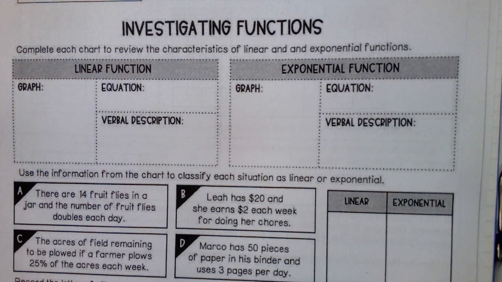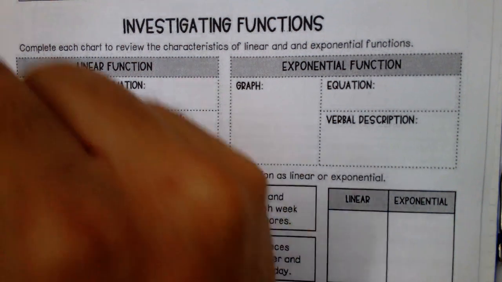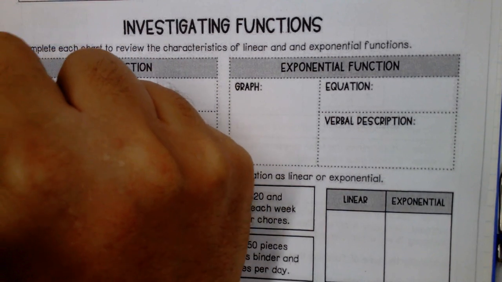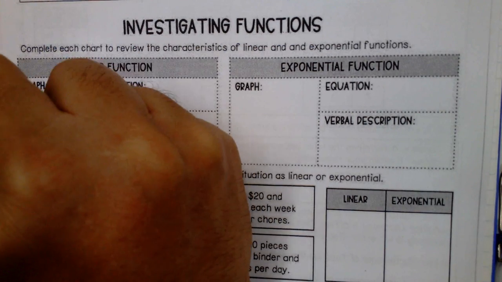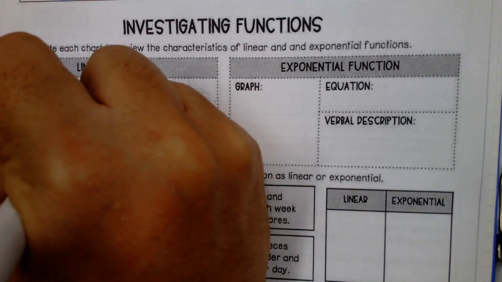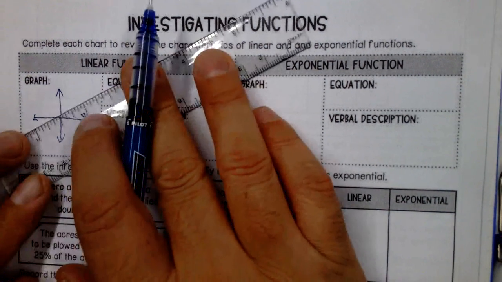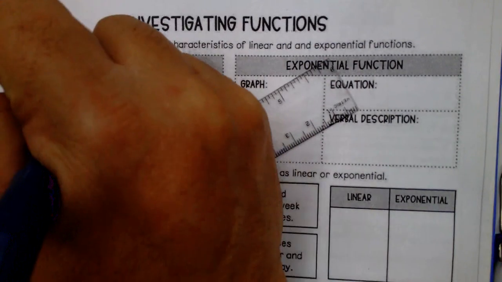We're going to complete this chart, and we're going to look at the characteristics for linear functions and for exponential functions. Okay, so let's start. Let's just make a quick graph so we get an idea, and everyone should have an idea of what a linear function looks like. A linear function looks like this, right?